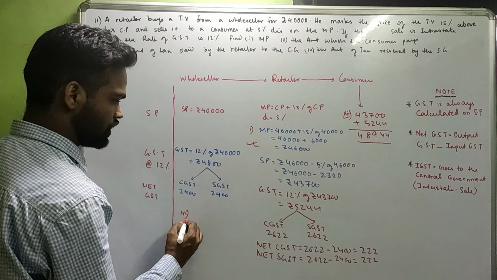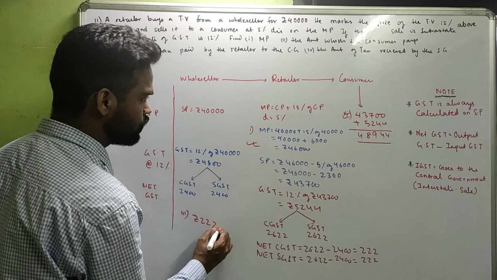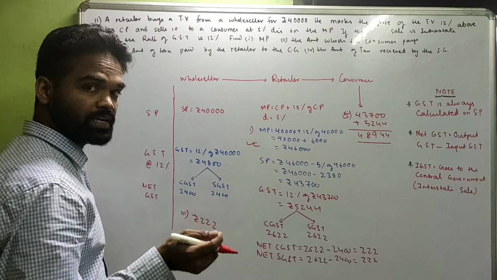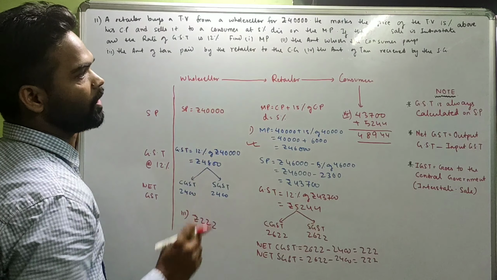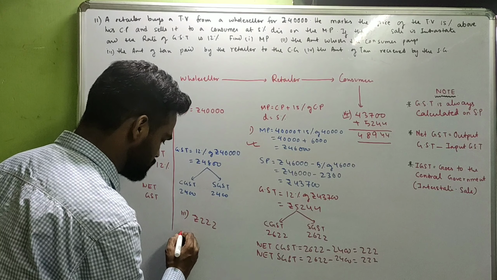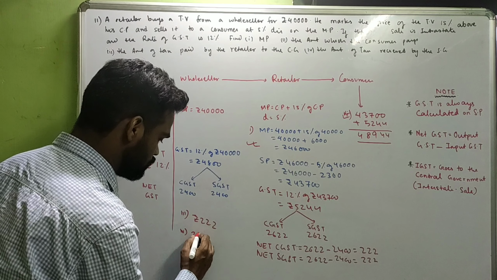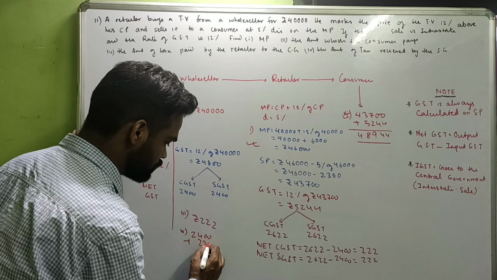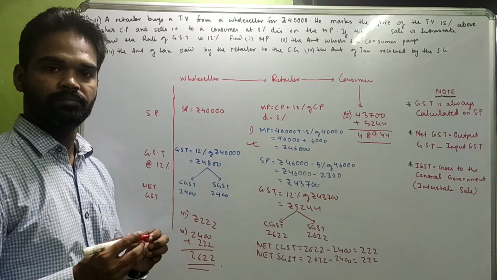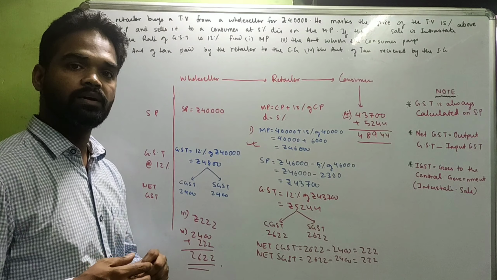So number 3 will be rupees 222, what the retailer pays to the central government, that is net CGST. And the amount of tax received by the state government. So the state government receives 2400 plus 222, that's 2622. Am I clear? Now let us look at the next sum.